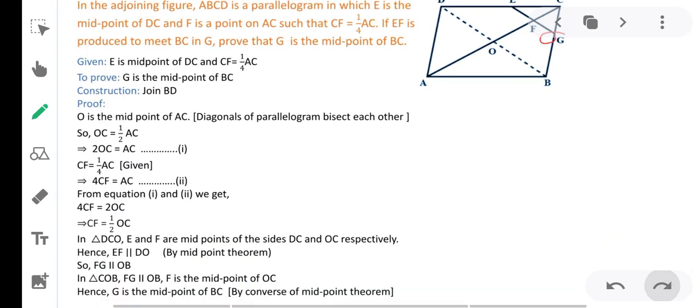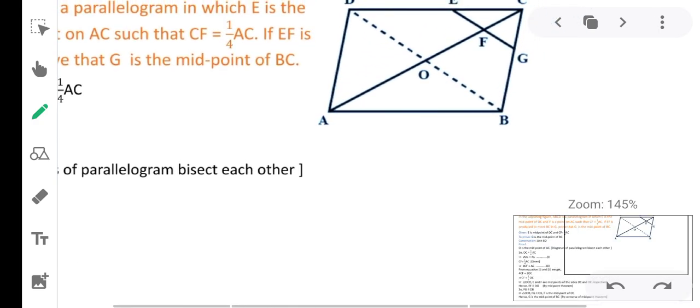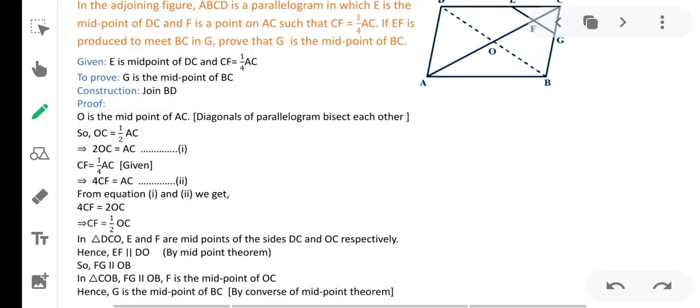So we have to prove that GC equal to GB. That means we have to prove that G is the midpoint of BC.